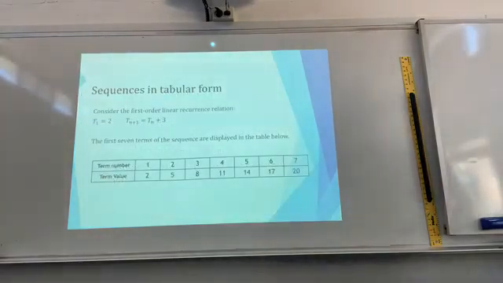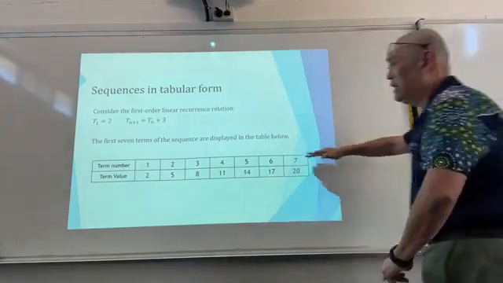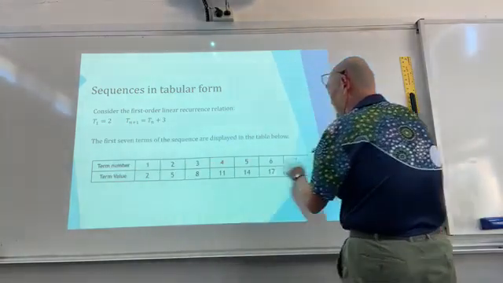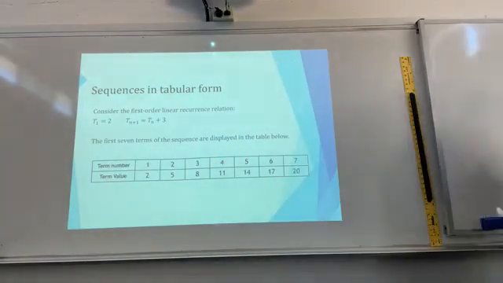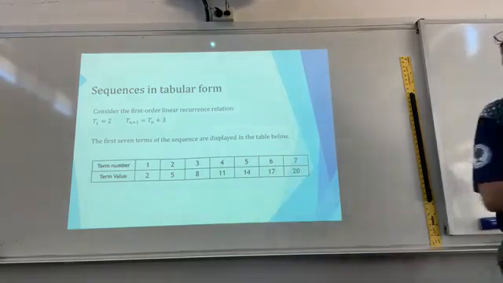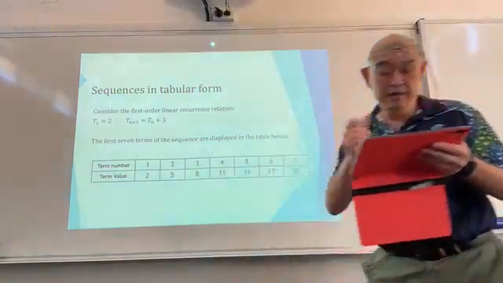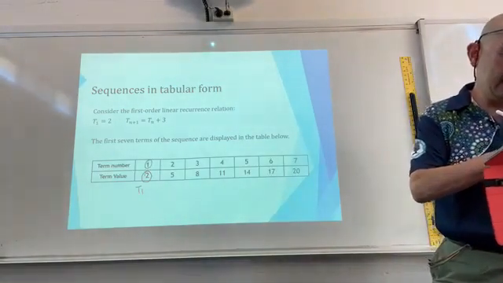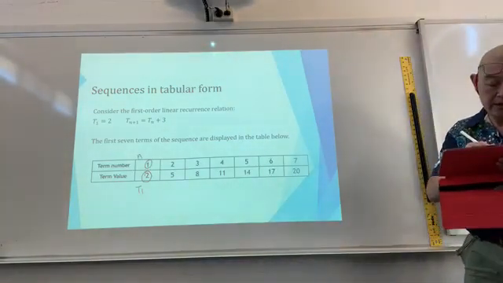Now, sequences in the table format. You can see that the first row is the term number, which is n: 1, 2, 3, 4, 5, 6, 7. And since you know T1 is 2, that is T1, that is n, which is equal to 1.